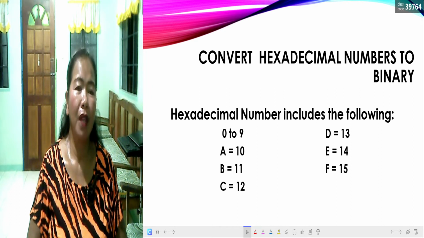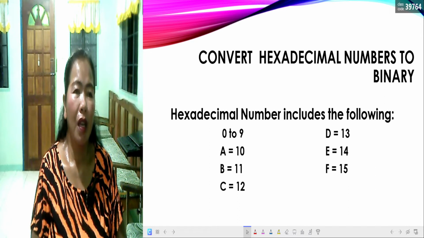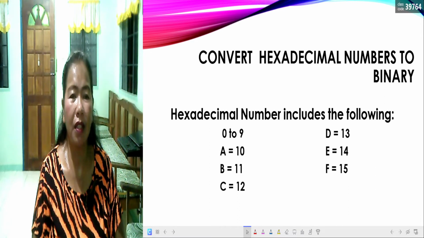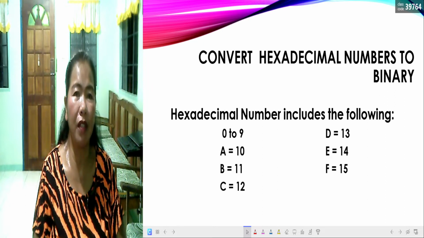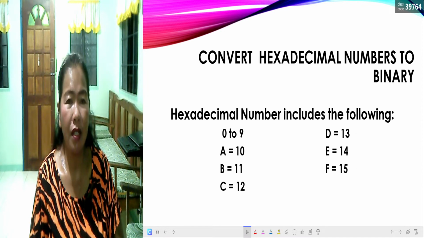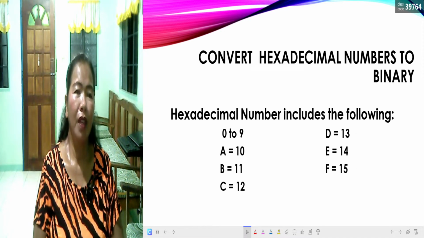Okay, let's proceed. Hexadecimal is a number system with a base of 16. So we have to convert that number to binary numbers, which is of base 2.